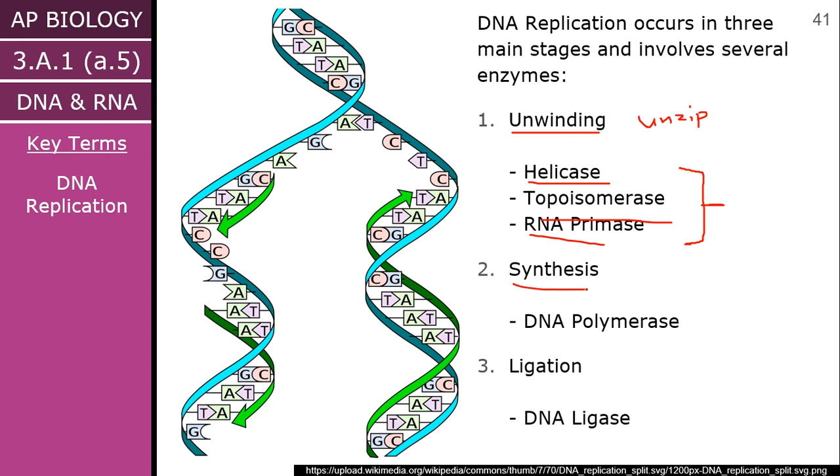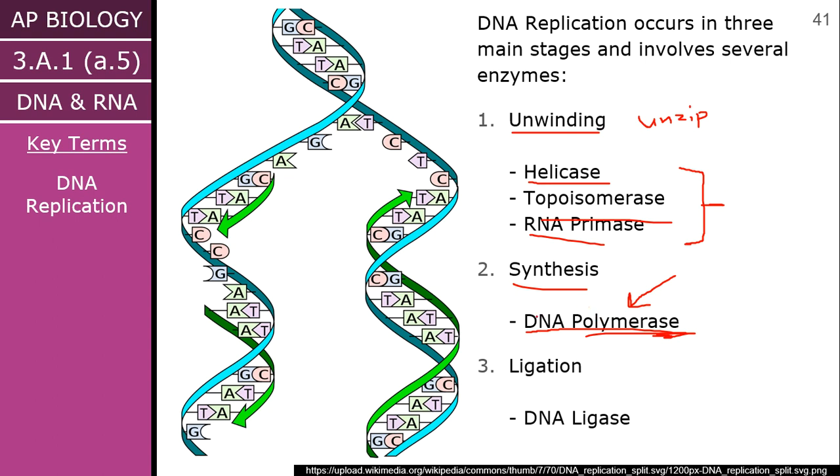Then we have the synthesis stage. Okay, and so this is where you actually synthesize or make your DNA molecule, your DNA strand. And that is going to involve DNA polymerase. So polymerase, it ends in -ase, so it's an enzyme, right? Just like all those things up there, the helicase, the topoisomerase, etc. But a polymerase is responsible for polymerizing or chaining together things.